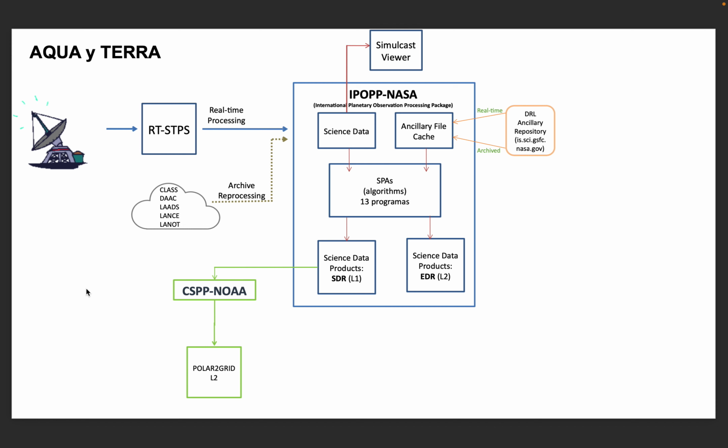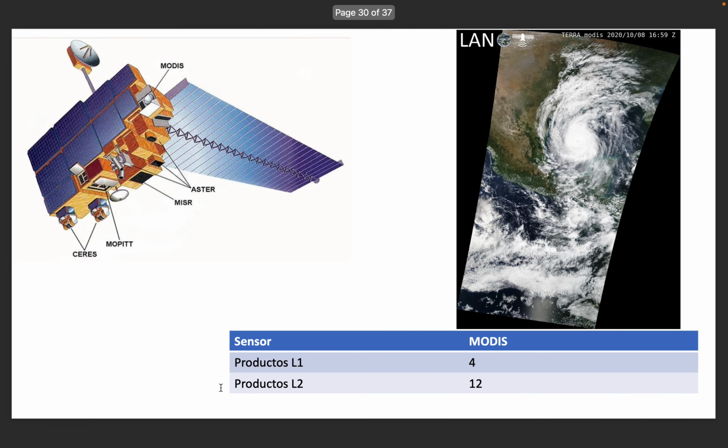From Aqua and Terra, we also get data from older satellites. Using CSPP and polar2grid, we get 4 level 1 products and 12 level 2 products.